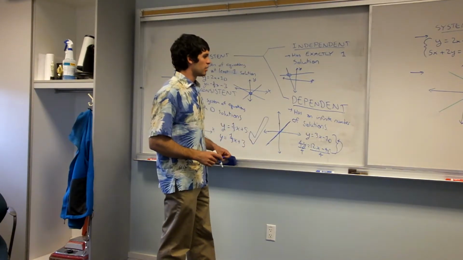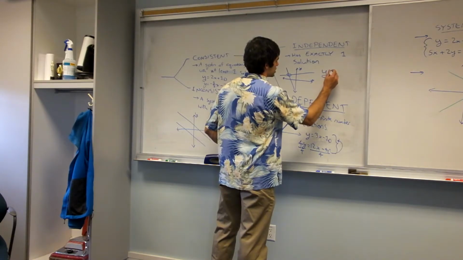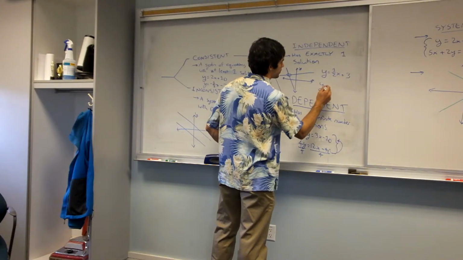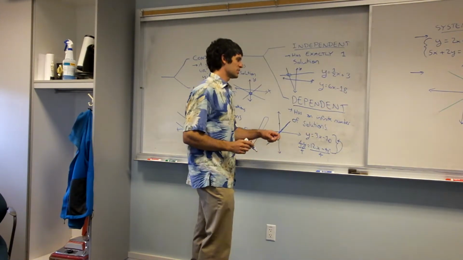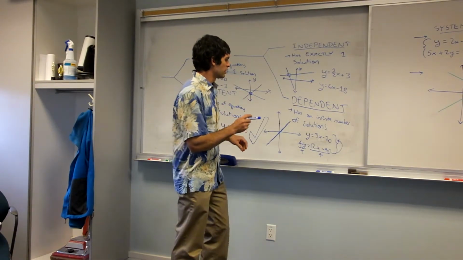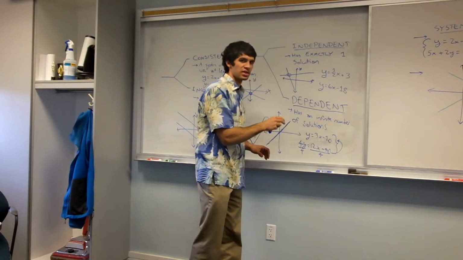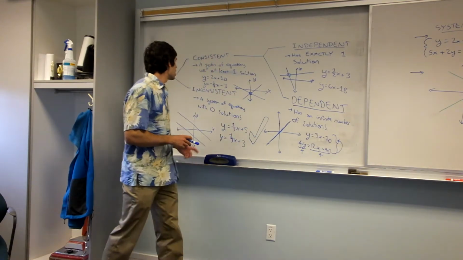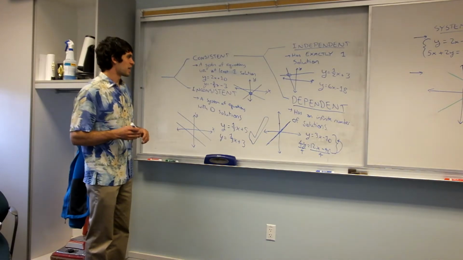With equations, those would be any system where each equation has a different slope, and where the equations cannot be manipulated so that they are exactly the same. Those are some examples of how you would classify equations.